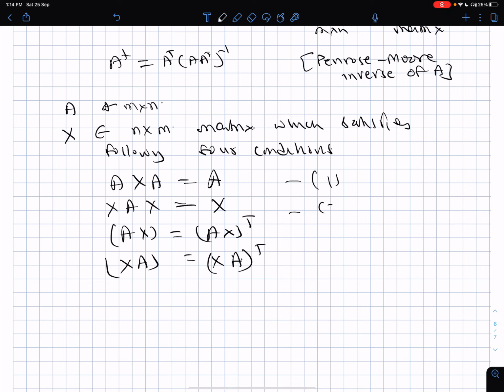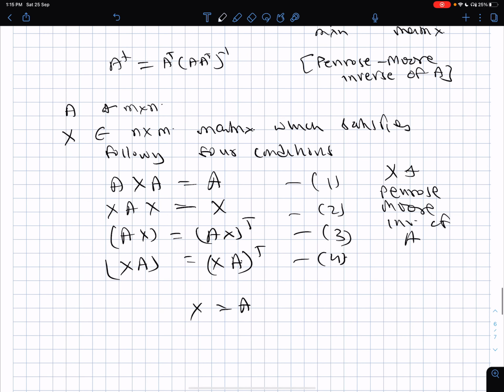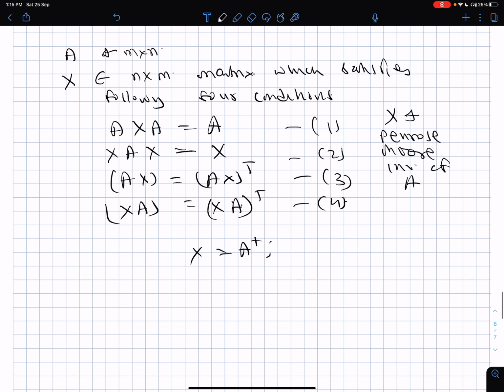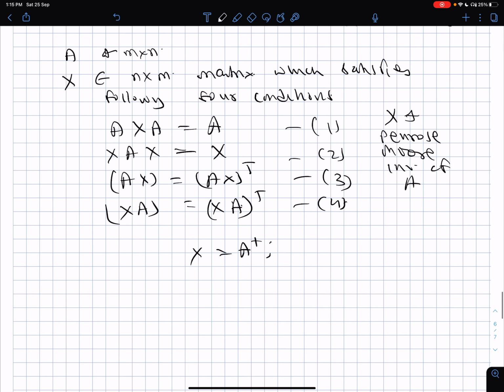If any matrix satisfies these four conditions, then we say that X is a Penrose-Moore inverse of A, and use a special symbol to denote it, which is X is equal to A plus. So if a matrix is square and full rank, then obviously X is equal to A inverse.